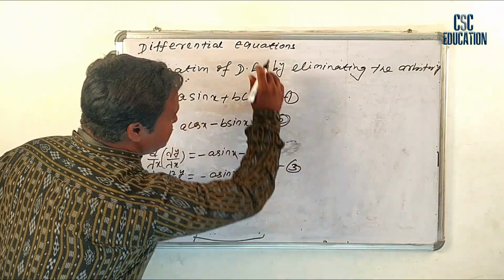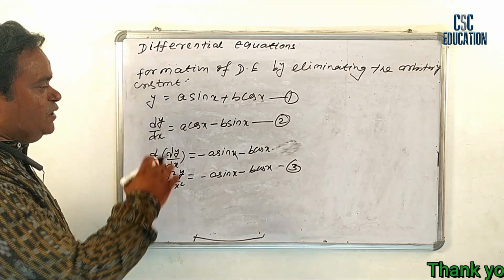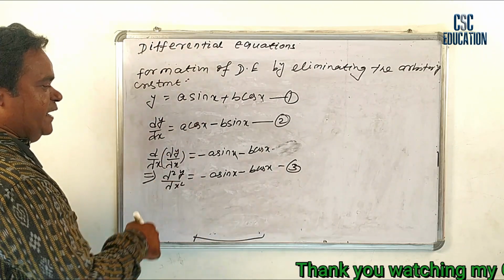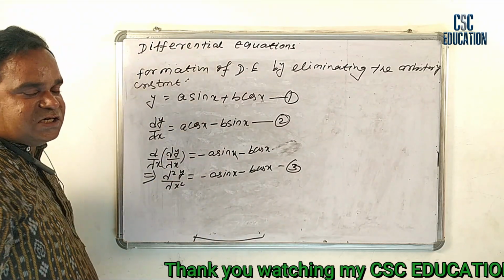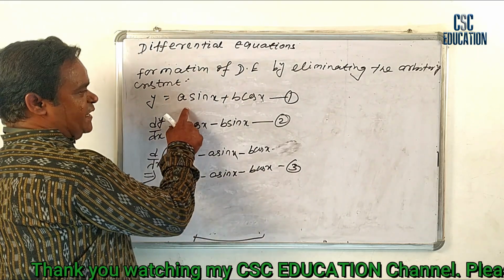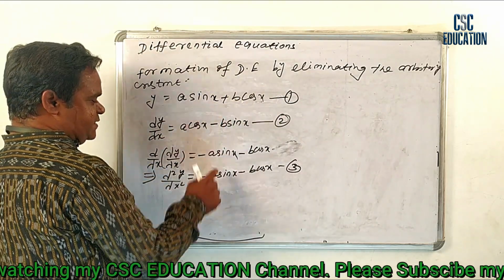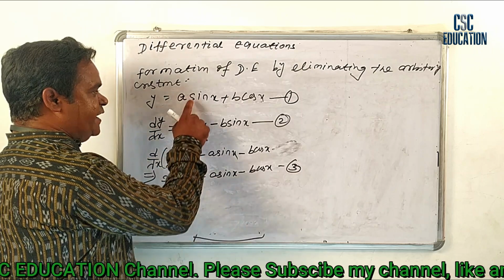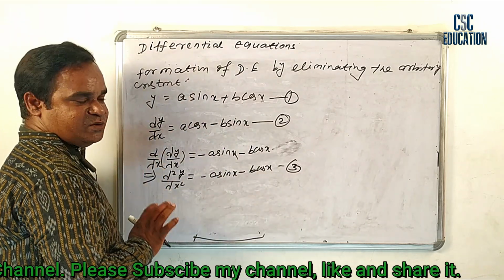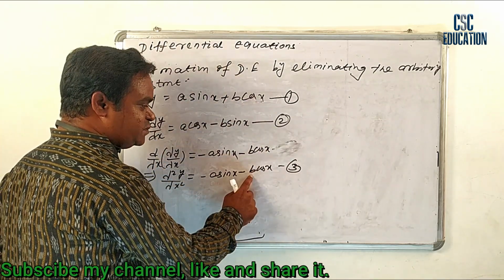Now comparing these three equations, we eliminate the constant factors. In equation 1 we have a sin x, and in equation 3 minus a sin x, so these two cancel out, and plus b cos x minus b cos x also cancel.